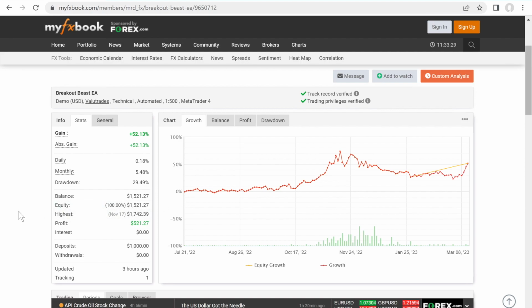Initially it was trading the US 30 only, the Dow Jones, and that's pretty much what we were trading the whole time. After some time, though, I had a few requests from users asking if it can trade other pairs, and yes, it can. I did add the pound dollar, which initially had been trading pretty well, but unfortunately the pound dollar wasn't doing very well around the November period.